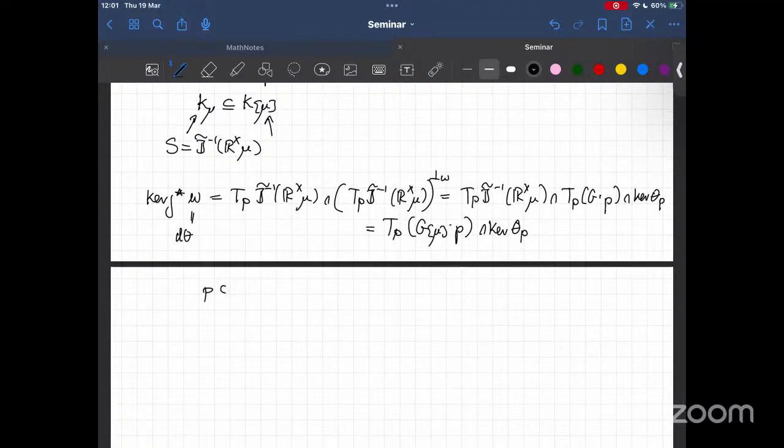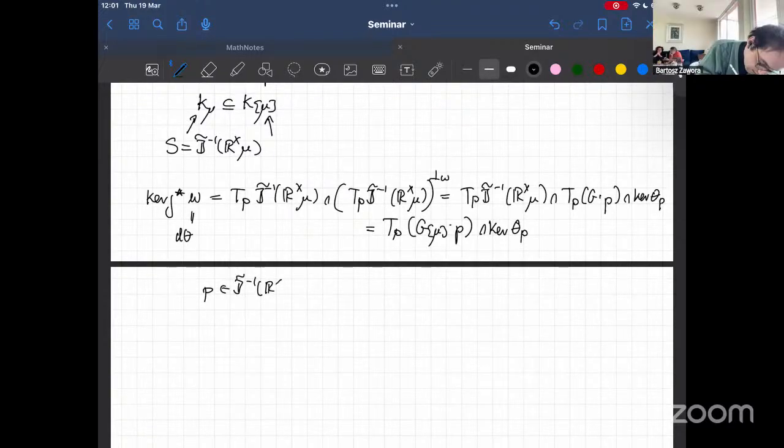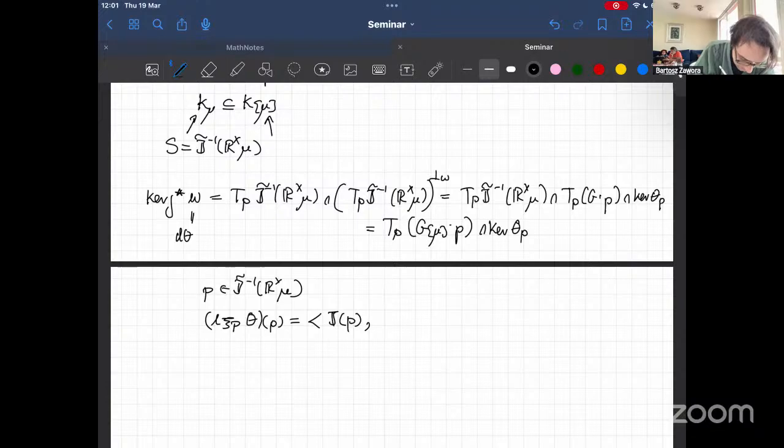Okay, so now if P belongs to J^{-1}(R cross mu), and we take the fundamental vector fields on P, since the Lie group action is trivially lifted, these are the fundamental vector fields in the symplectic case. So theta at P is the same as J of P psi, right?